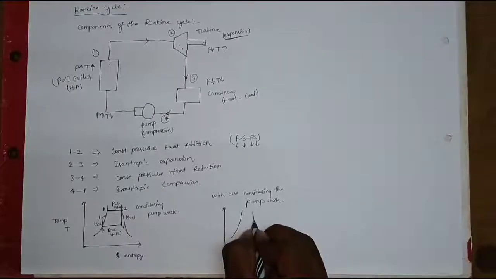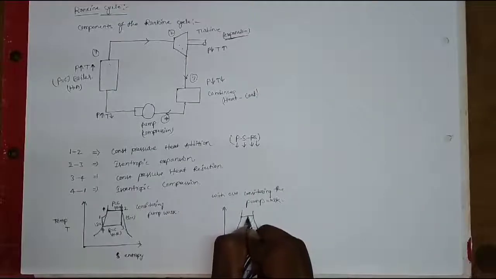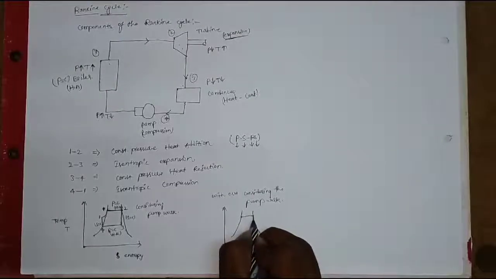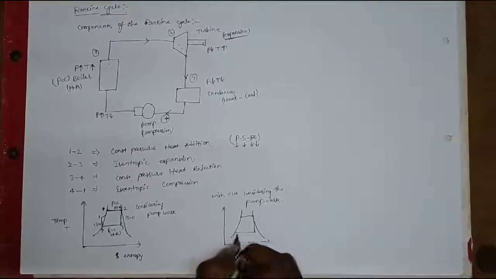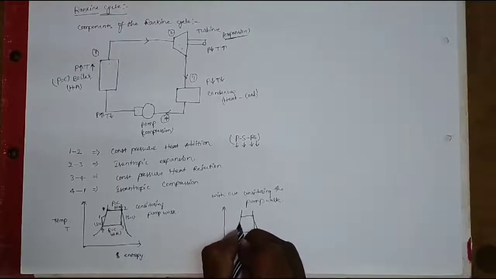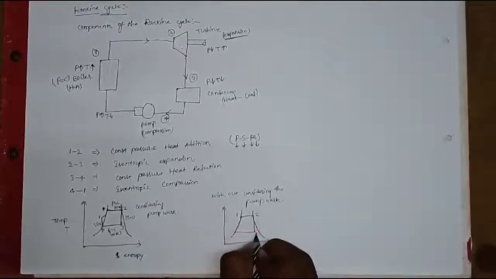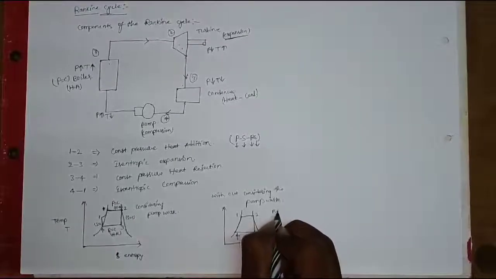Saturated liquid line, saturated vapor line, and 1 to 2 is constant pressure heat addition, isentropic expansion, next constant pressure heat rejection. Neglecting the pump work means this does not come and it moves straight to the saturated liquid line. So 1, 2, 3, 4. This is without considering the pump work, neglecting the pump work.